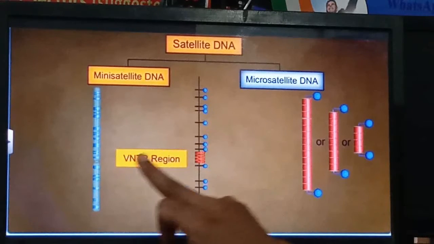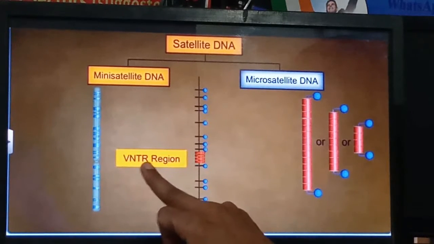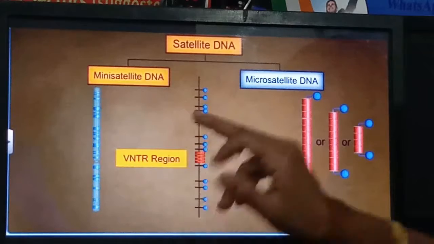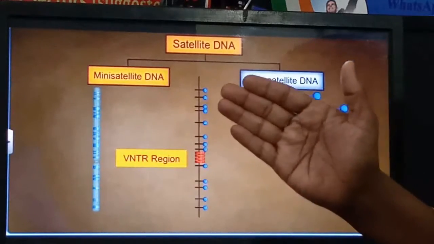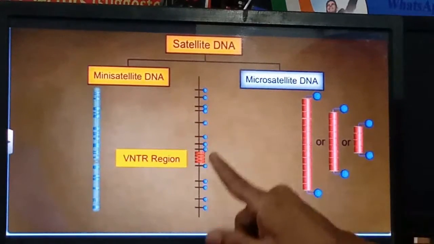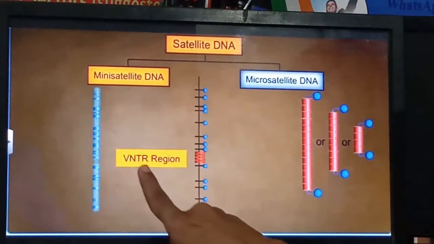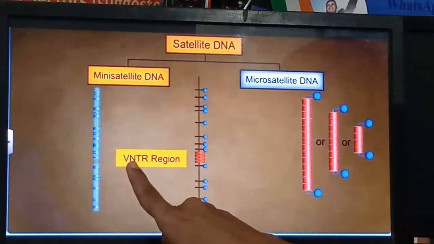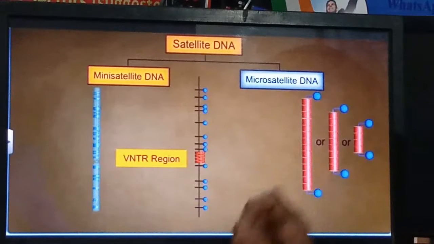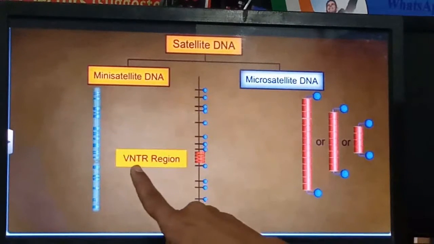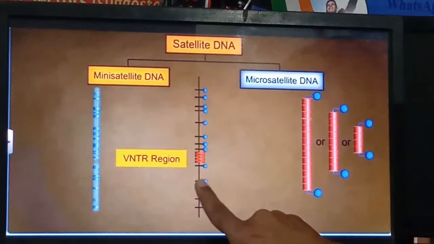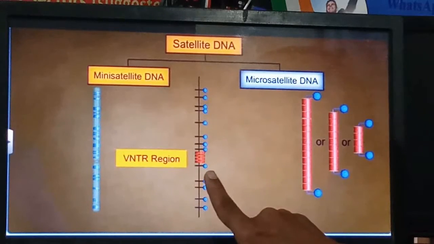VNTR region means variable number of tandem repeats. Tandem repeats means it is repeated so many times, and these repetitions will have some variation. Now these variations come due to mutation. Now how many of these VNTR probes are there in a chromosome?